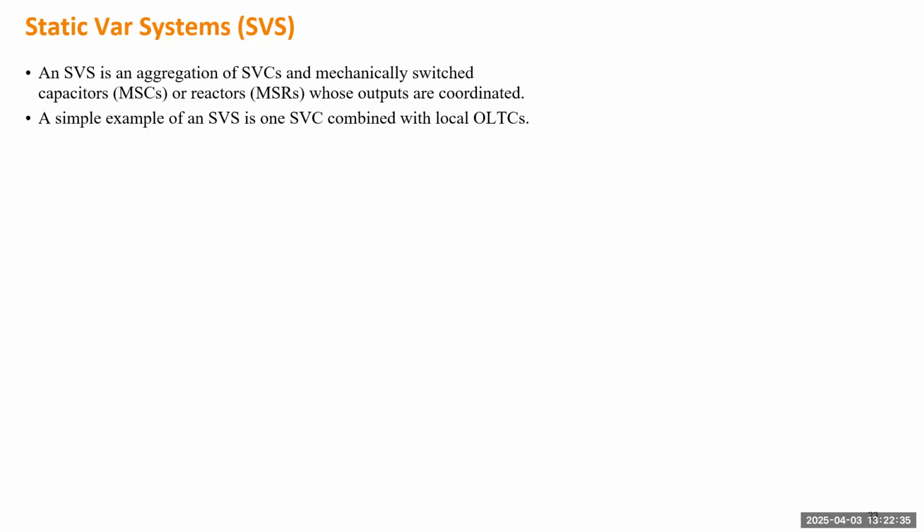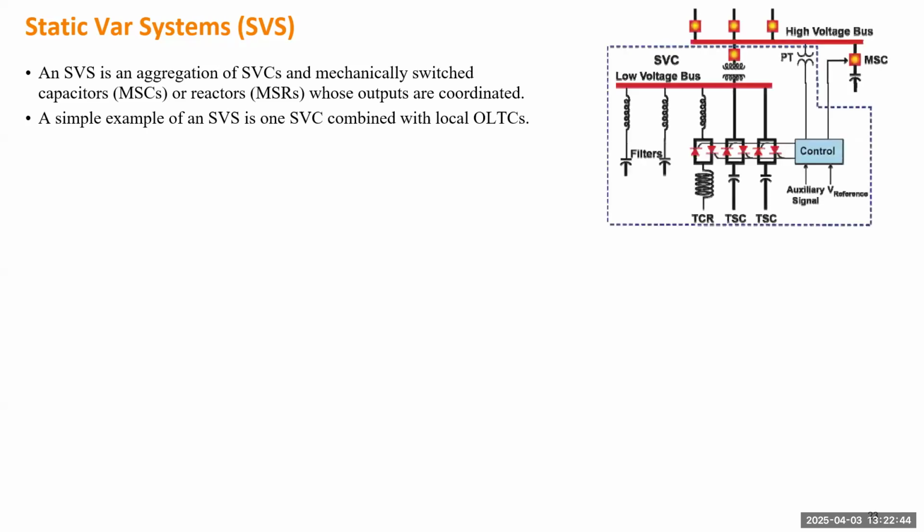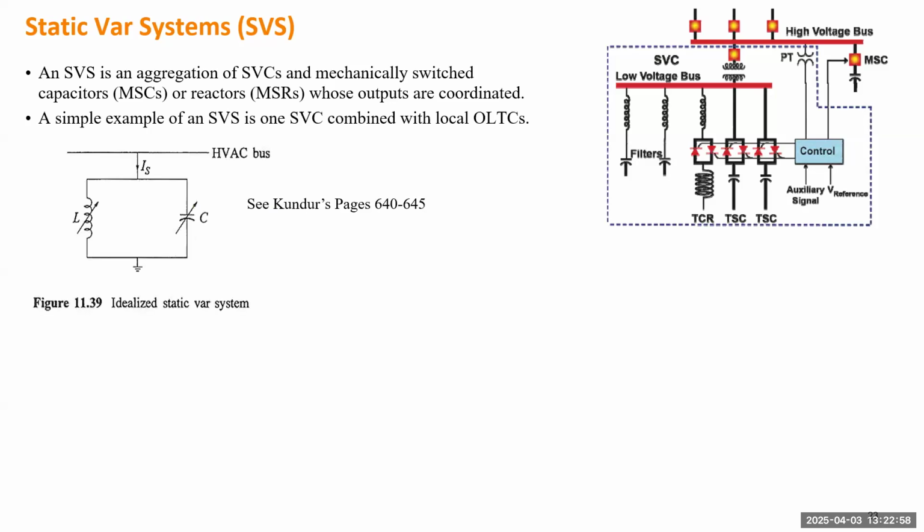One example is if you combine an SVC with an unload tap changing transformer, and you can make this design. This is still pretty much based on SVC. You can make it a more complex design, and this transformer can also adjust the tap positions.